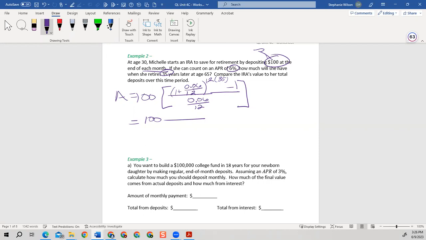And I get 100 times this fraction, which is 7.123551494. And then the denominator is 0.06 divided by 12, and we get 0.005. Let's type it in our calculator: 100 times that fraction.